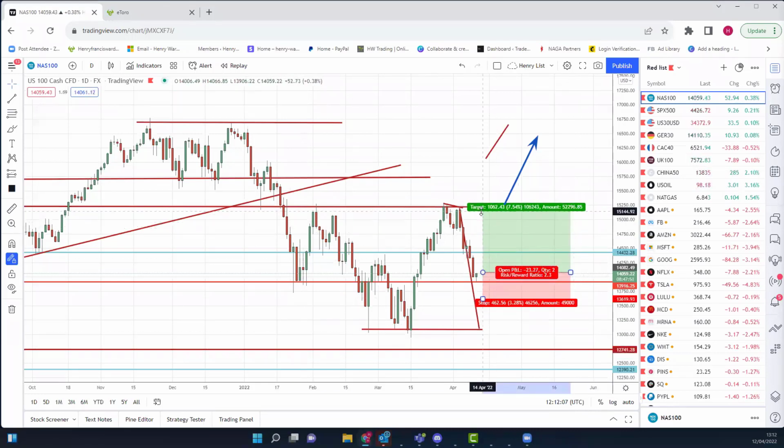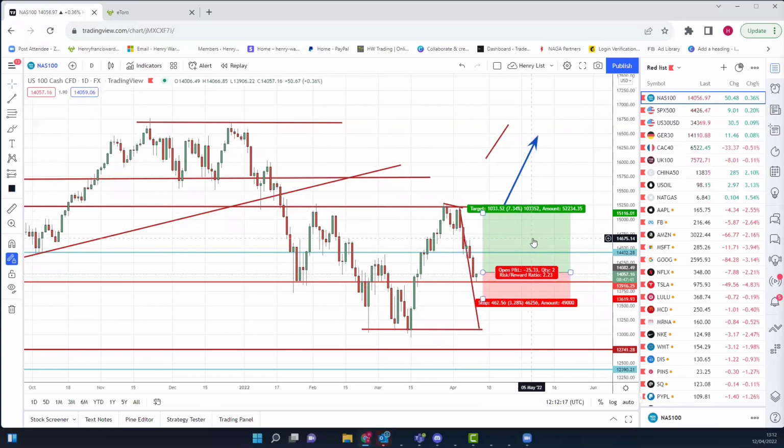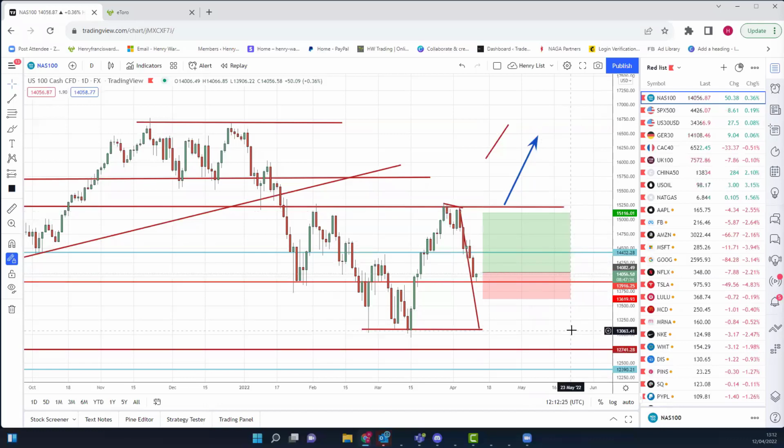Our take profit, for me, would be just inside that level. So you risk 3.2 to make 7.3. So just over a 2-to-1. So is that a good trade to take? Yes or no?